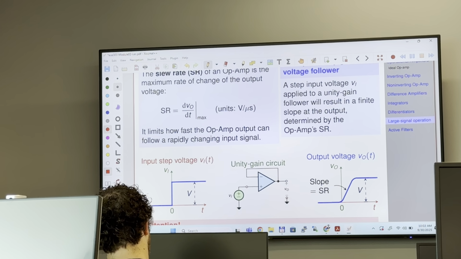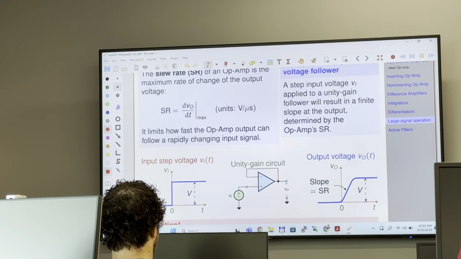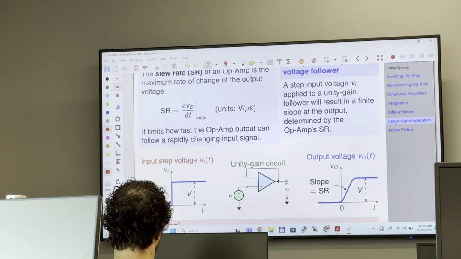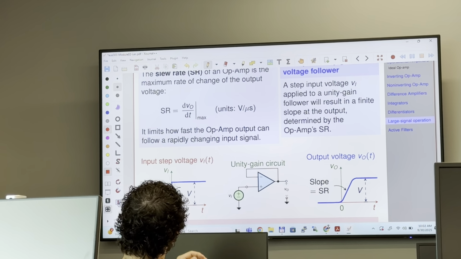So instead of the output shown as such, you get a slanted output. It's because of the slew rate. And this slew rate you will see in the manufacturer's data sheet.